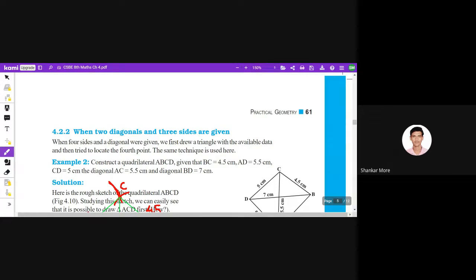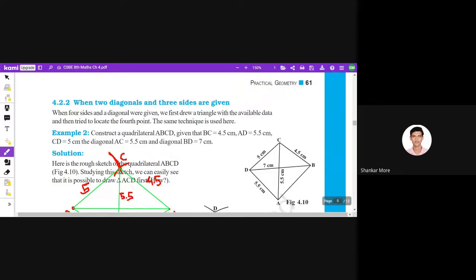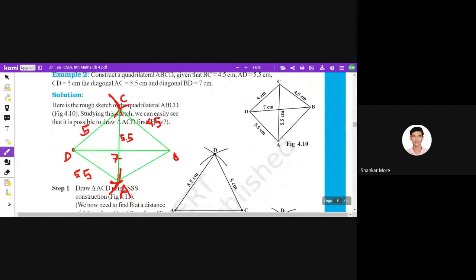So the next figure that we learned is when 2 diagonals and 3 sides are given, right? Here we are given 2 diagonals and 3 sides. Again, we have learned how to draw this.